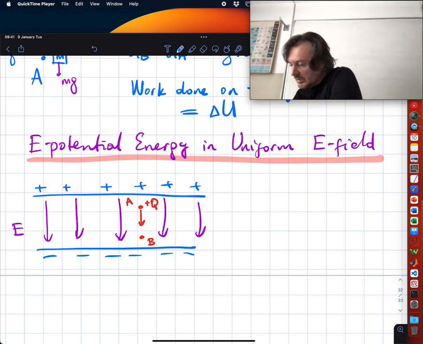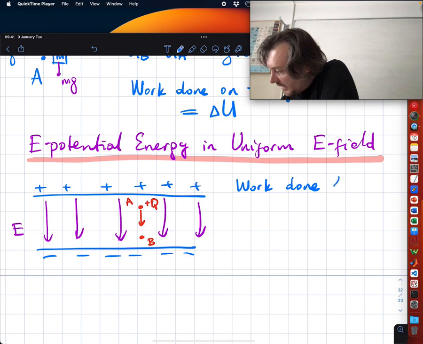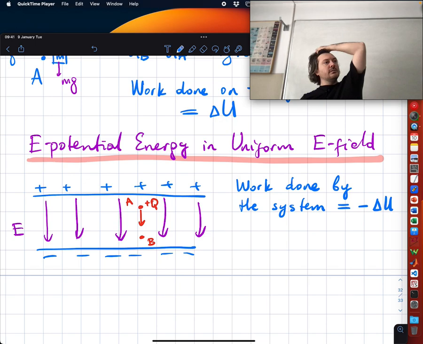You see, over here we can say that work done by the system is negative delta U, right? Do you understand this? So what is the work done by the system?